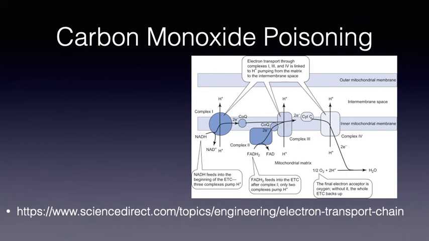And that is also called complex 5, by the way, the ATPase turbine. Decrease in proton pumping makes less of a proton gradient, less crowdedness in the intermembrane space. So carbon monoxide and cyanide, by inhibiting complex 4's proton pumping, also manage to decrease the proton gradient.